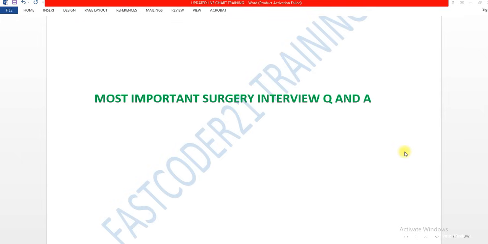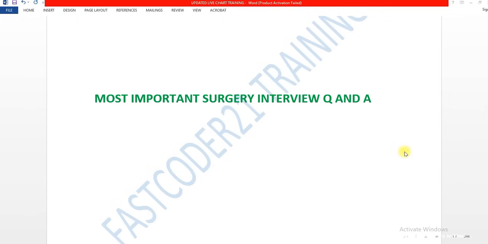If the documentation says, I have performed debridement of the muscle, 5 by 5 centimeters, how do you code that one? Debridement of muscle 5 by 5 centimeters, 25 square centimeters, muscle level.